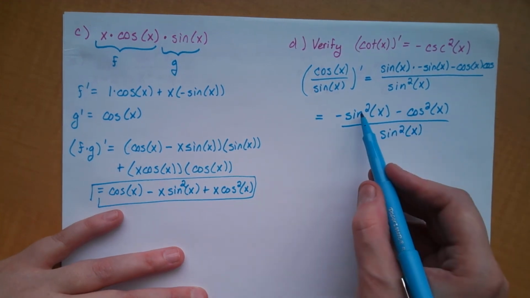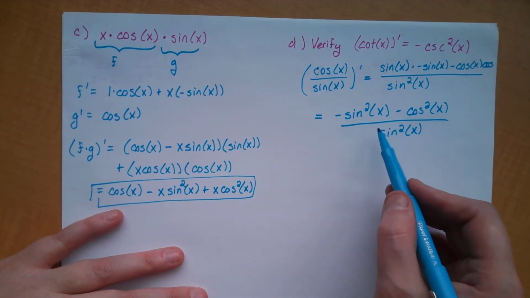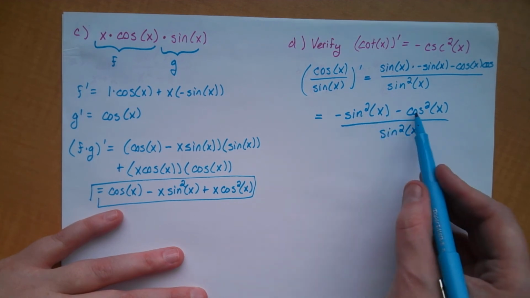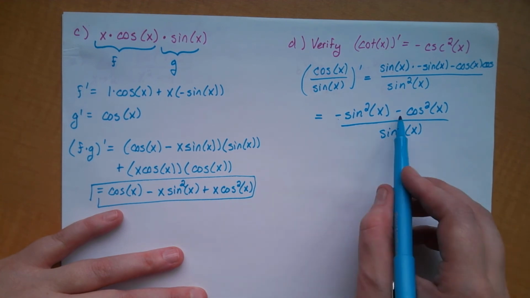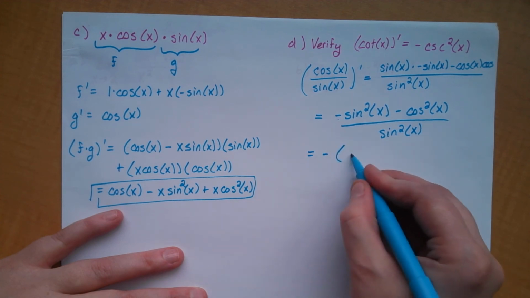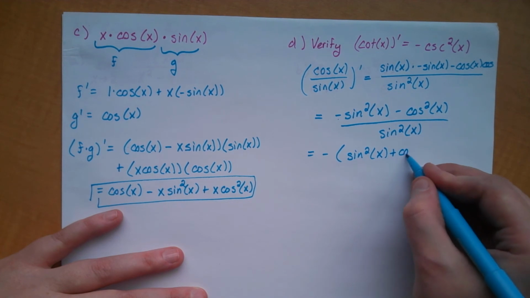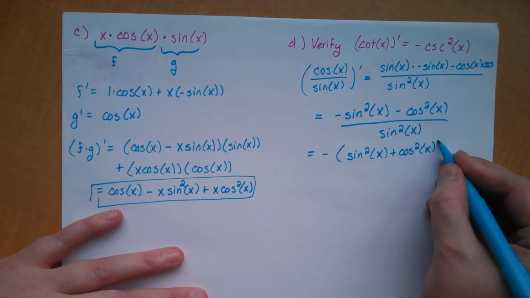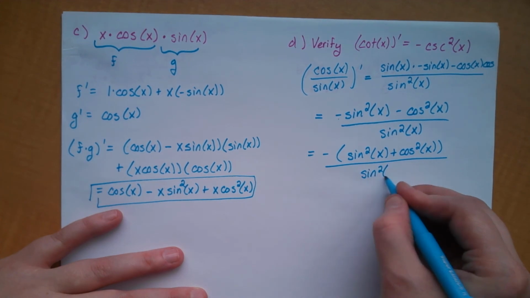Now, I can't cancel this sine squared with this sine squared because the only thing that can cancel division is multiplication, and these two terms are subtracting. However, see this negative and this negative? I can pull that out. So that'd be negative times sine squared x plus cosine squared x all divided by sine squared x.